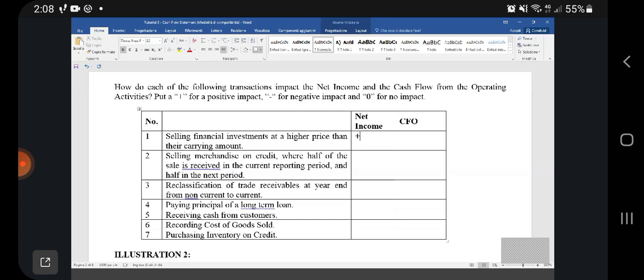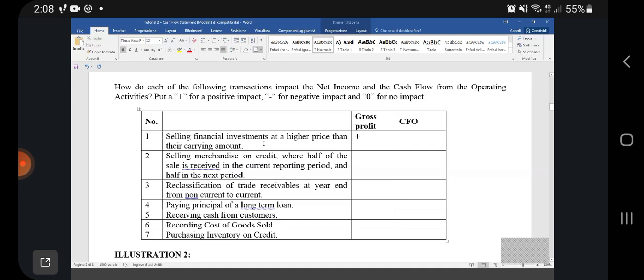Questions? Good. I'm not continuing, just be very careful what the figure of the income is here. If I would say not net income, but for example, gross profit, would it bring any change? If it was not net income, but gross profit, would selling financial investments at a higher price than carrying amount bring any impact to the gross profit?